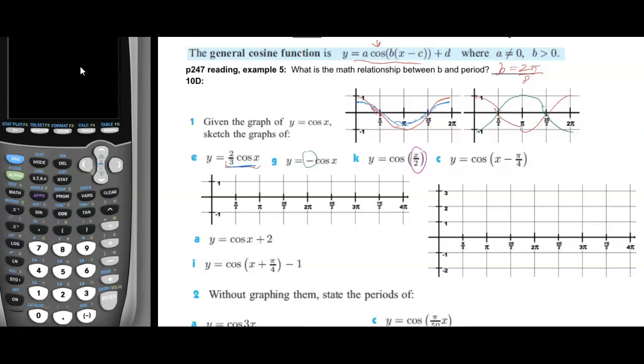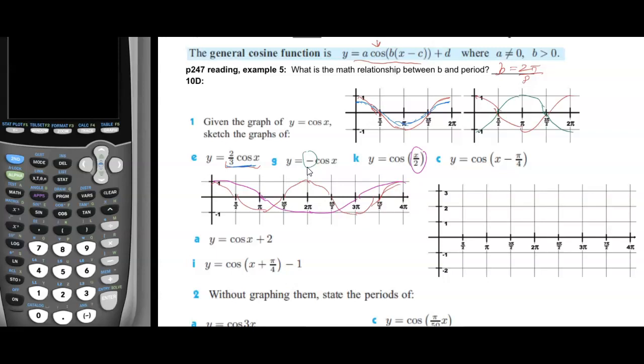So the original cosine function looks like this. I have enough space here to draw 2 cycles because it's 4 pi. And now I'm going to draw this pink twice as wide one. There we go. Okay.